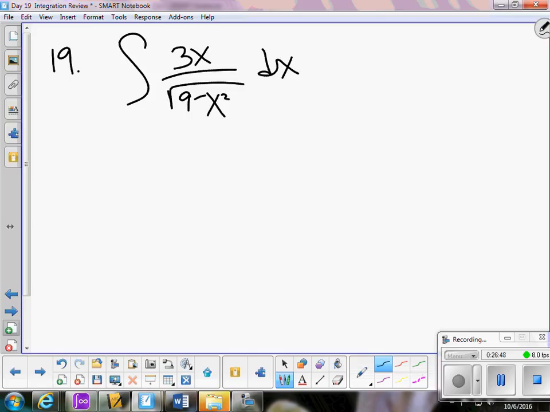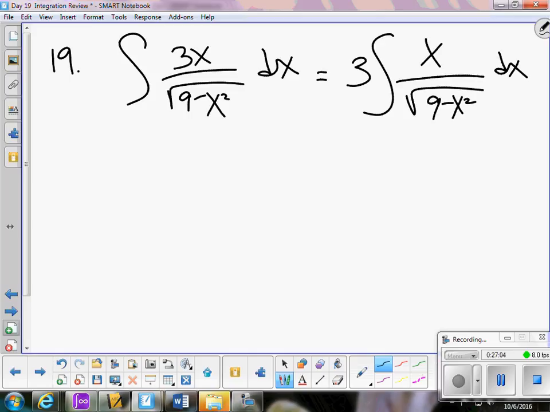So I would pull the 3 out front. Anytime you have a constant multiplier, just get it out of there. So even though you're probably thinking about inverse sine, you don't need it. It's just u sub, so what's u going to equal?